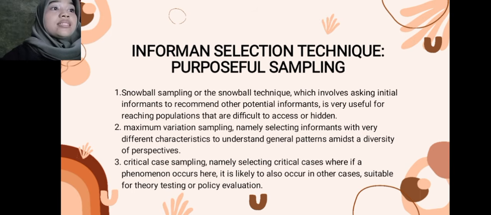Maximum variation sampling, namely selecting informants with very different characteristics to understand general patterns amidst a diversity of perspectives. 4. Critical case sampling, namely selecting a critical case where if a phenomenon occurs here, it is likely to also occur in other cases, suitable for theory testing or policy evaluation.